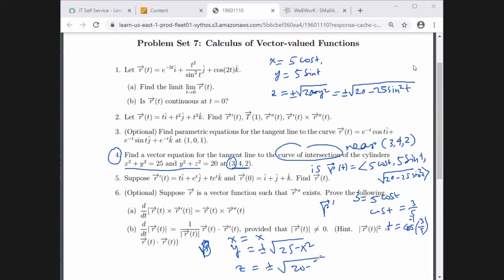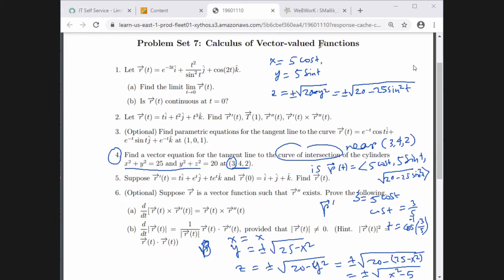I'm writing it one more time: 20 minus y squared, and this is 20, y squared is 25 minus x squared. So that means it's plus or minus the square root of x squared minus 5, right? But again, you are taking the positive parameterization because near the point, all coordinates are positive.